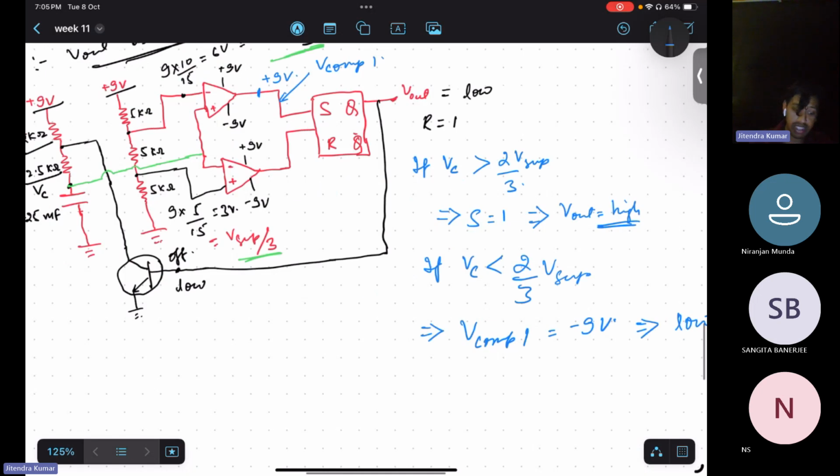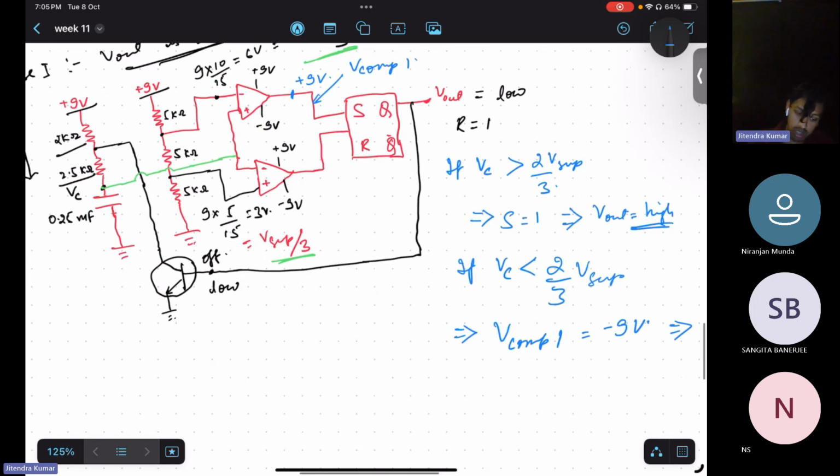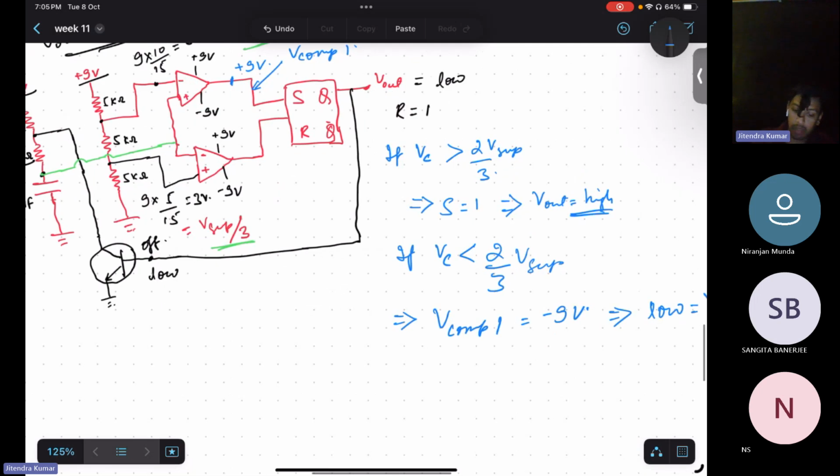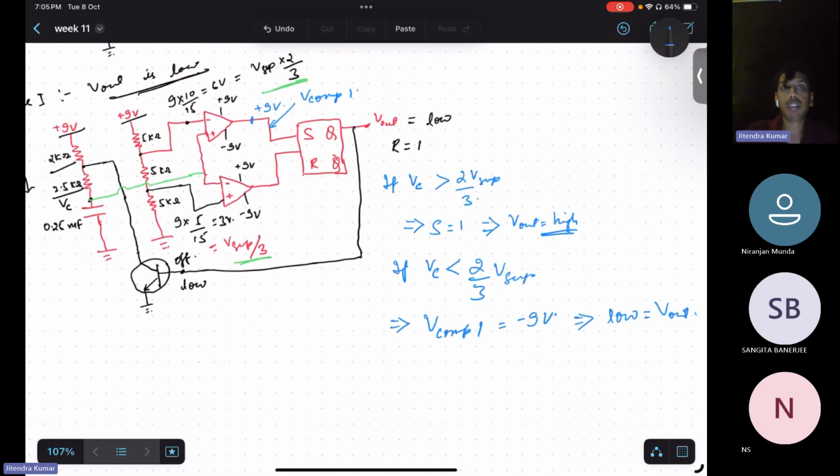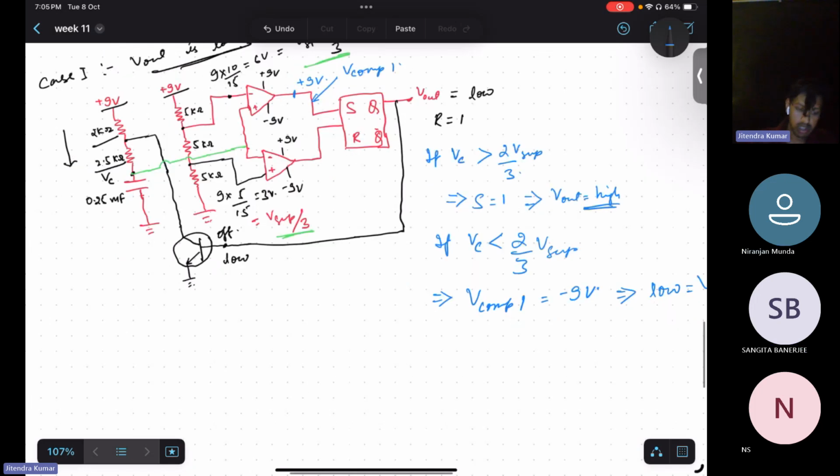This was for the first comparator. Any doubt in this? Okay, good.